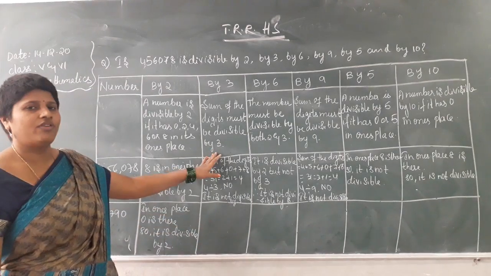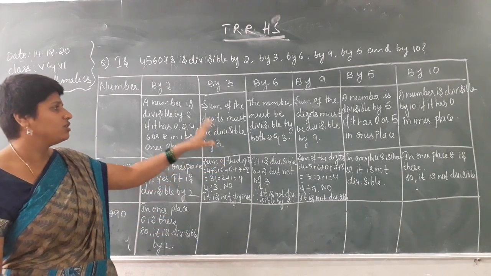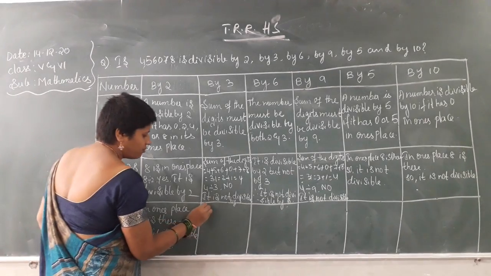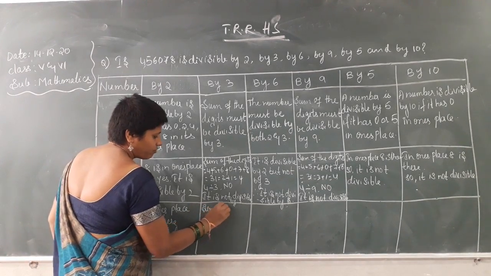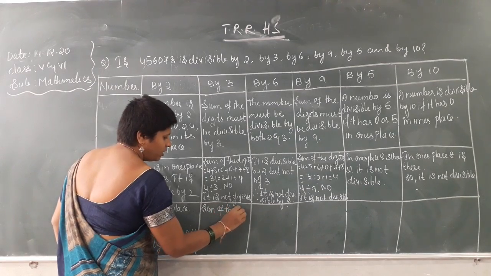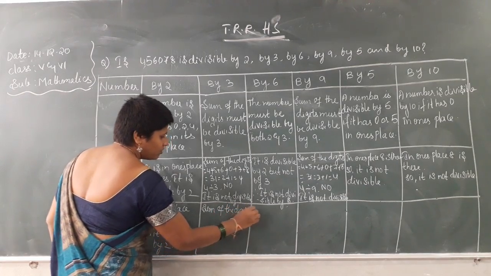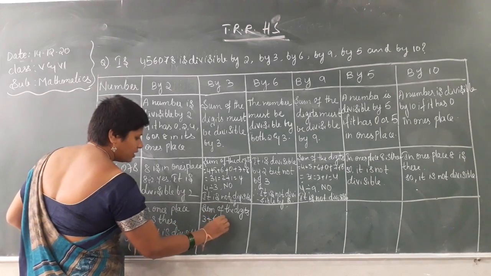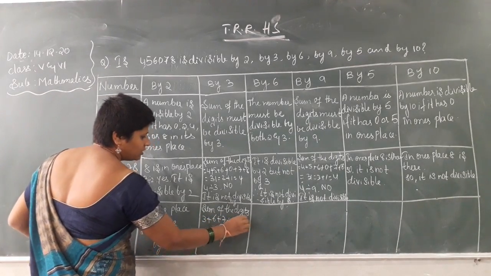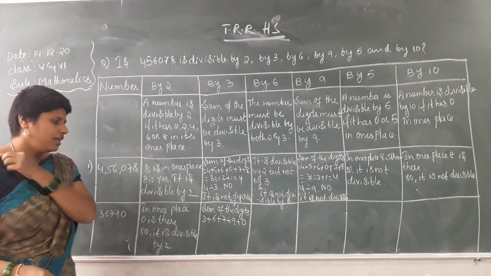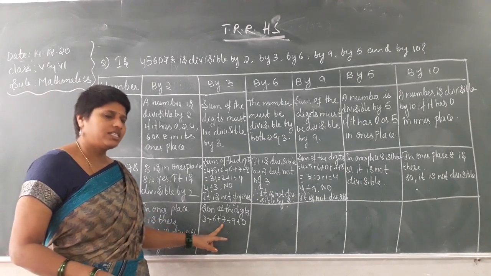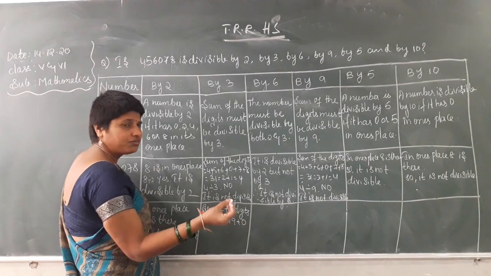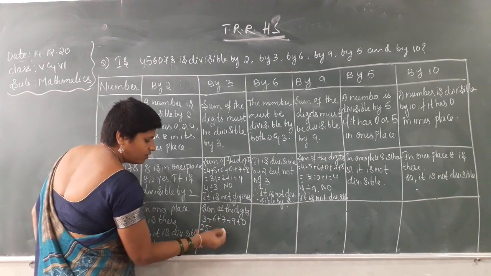Now similarly for 3. No need to write the rule. By seeing the rule you can find out the sum of the digits. The sum of the digits is 3 plus 6 plus 7 plus 9 plus 0. 3 plus 6 is 9. 9 plus 7 is 16. 16 plus 9 is 25. 25 plus 0 is 25.